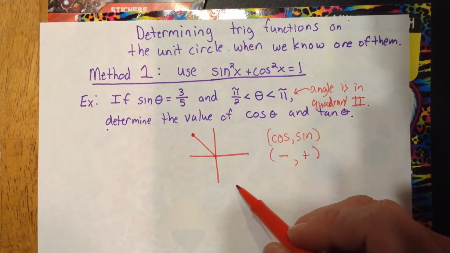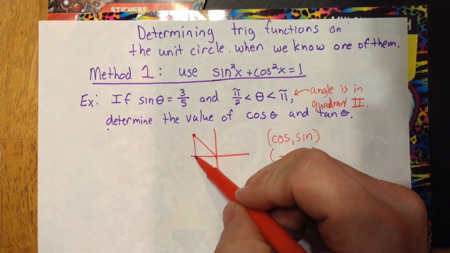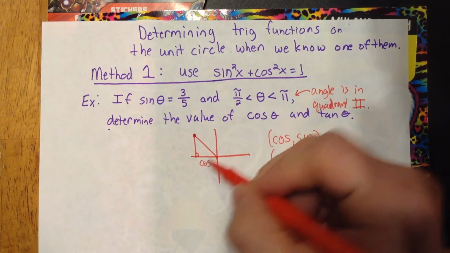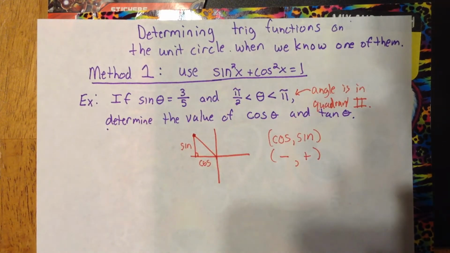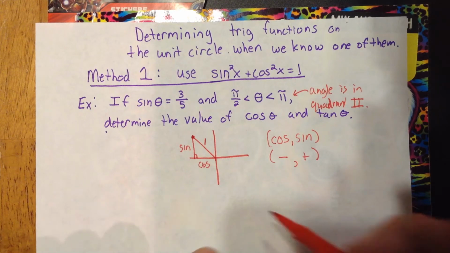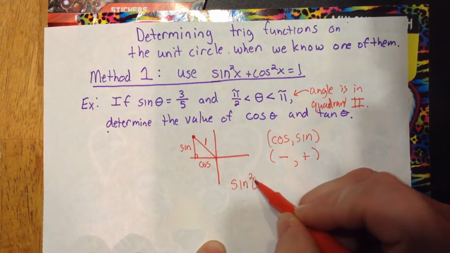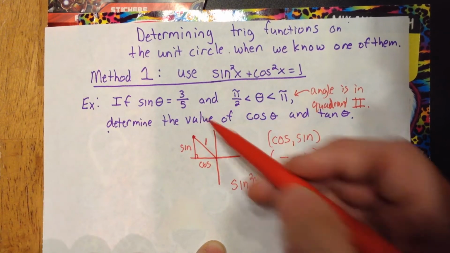All we really have to do here is the Pythagorean theorem, because we have a triangle, and the x value is cosine, the y value is sine, and the hypotenuse is 1. So we're doing sine squared plus cosine squared equals 1. When we write sine squared theta plus cosine squared theta equals 1, we're just going to plug in what we know.